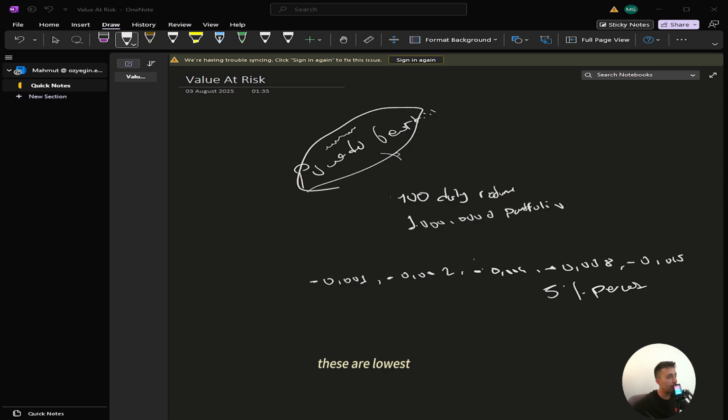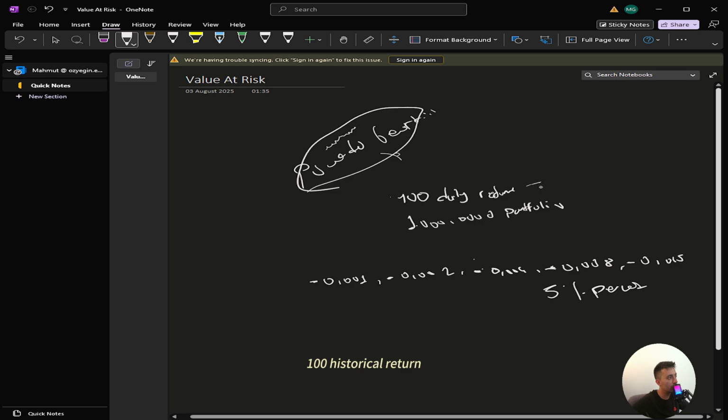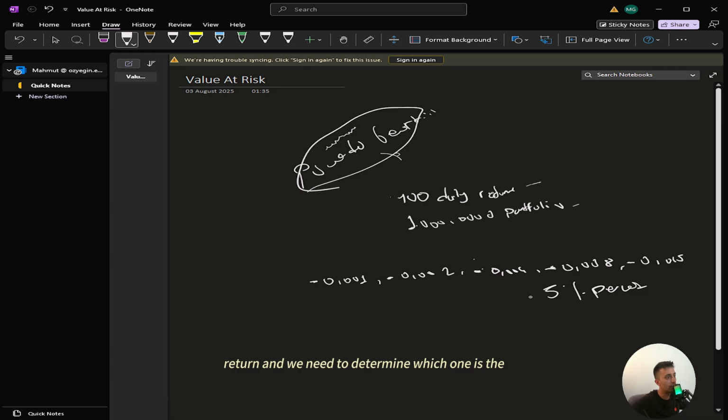These are the lowest five returns, so they represent the 5% lower tail of the distribution of 100 historical returns, guys. We have 100 historical returns and a 1 million portfolio. We have five different returns, and we need to determine which one is the lowest and highest.